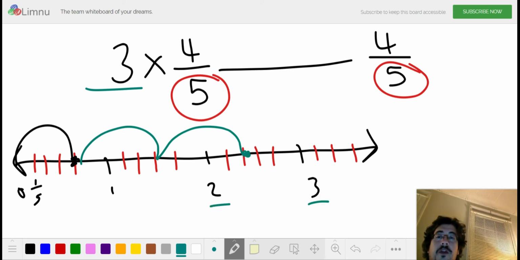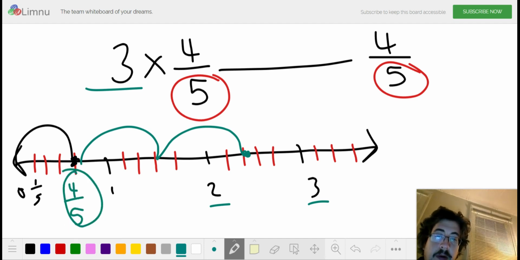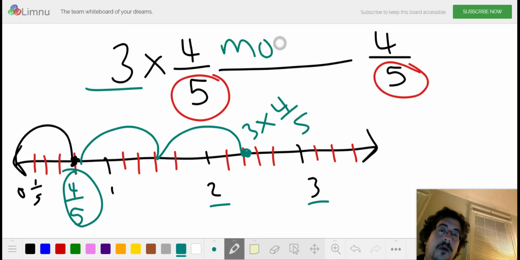And so we can see that if this is where 4/5 is, and this is where 3 times 4/5 is, then 3 times 4/5 is going to be more than 4/5. So you can use a number line to help you see that as well.